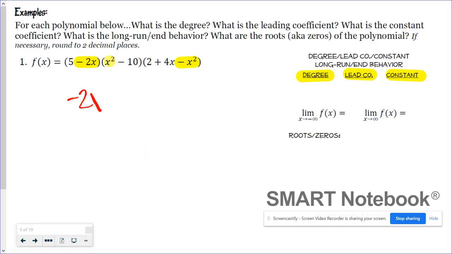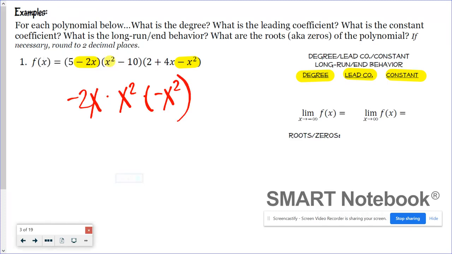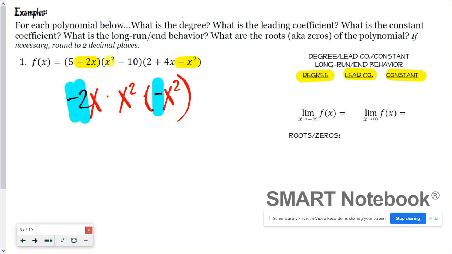So I have 3 leading terms. So what I need to do is I actually need to multiply all 3 of these leading terms together. And this will give me the leading term of the entire polynomial. So if I just consider the numerical coefficients, I've got negative 2 times a negative, right? And so that's going to give me positive 2. And then x to the first times x squared, I'm going to add the exponents, and I'm going to get x to the 5th.